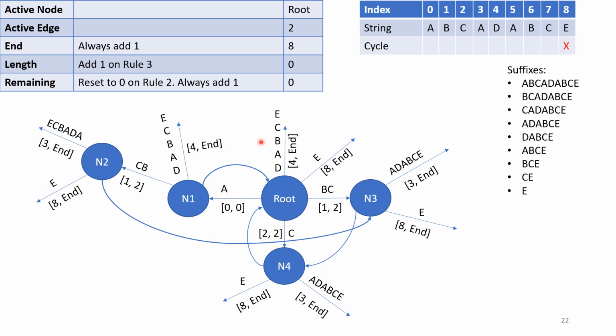Since from root we advance 0 length, we asked if we have an E, so we didn't have this edge, so there was an A, a D, a B, and a C, so there was no E. So we need to add it according to rule 2, so just add it, we decrease remaining by 1, and there was no node created, so we don't need to fix any of the pointers, and we move on to the next cycle, which is outside of the array.